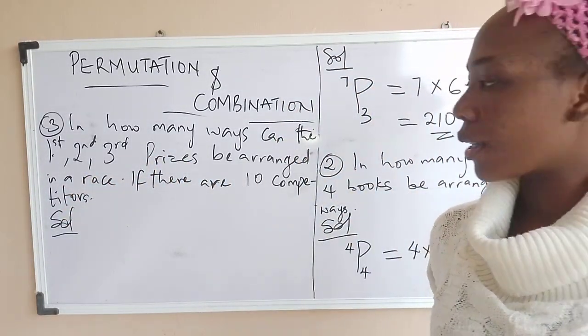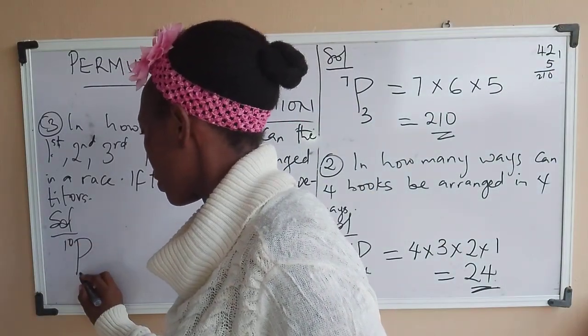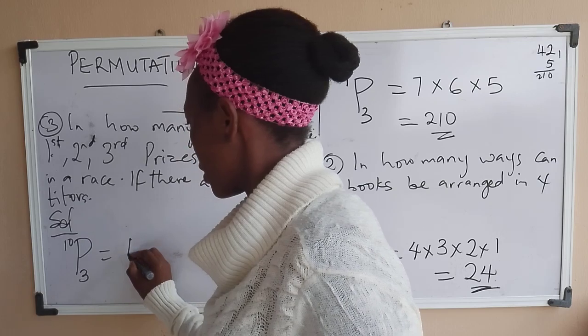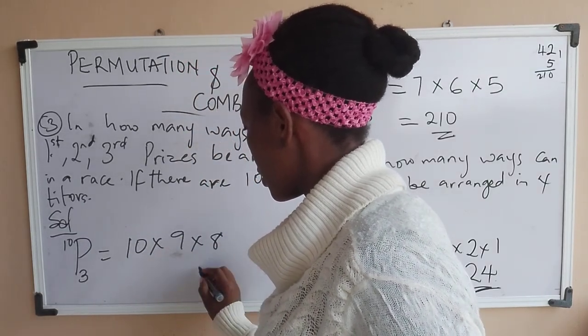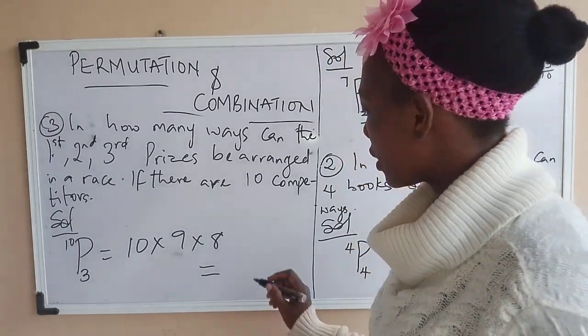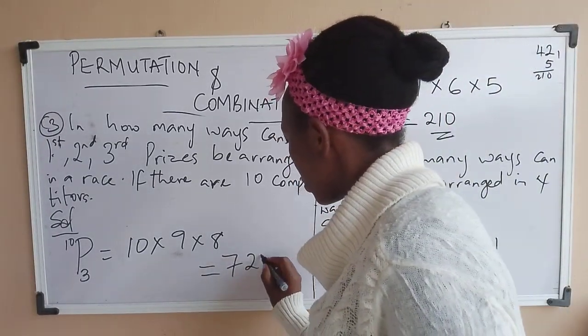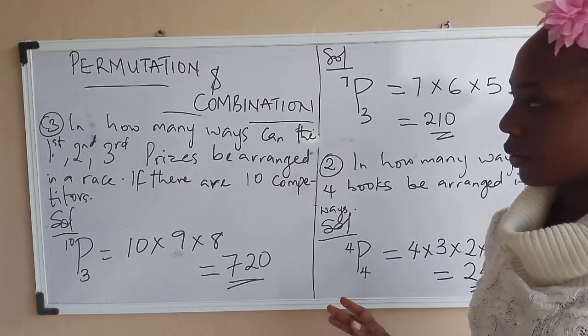So this is written as 10 permutation 3, and that's 10 times 9 times 8. When we punch our calculator, we're going to have 720. Can you see how easy permutation is?